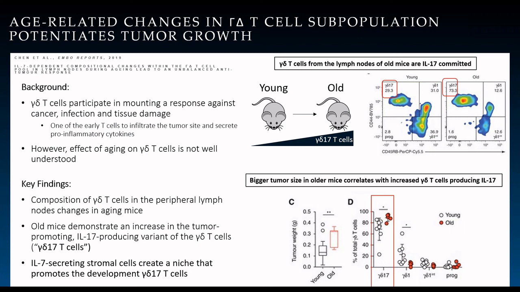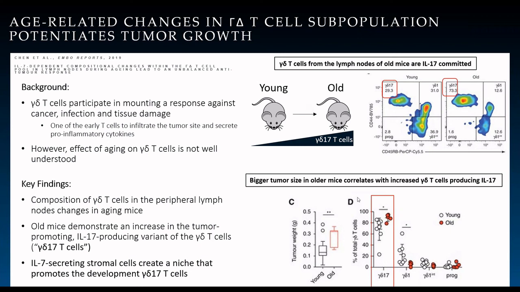But they've seen that as the patient ages, there is a change in the phenotype of these gamma delta T cells, and they no longer can mount an anti-tumor immune response successfully. So they wanted to visualize and study these gamma delta T cell populations, for which they used a mouse model and studied the expression of these cells in young and old mice.